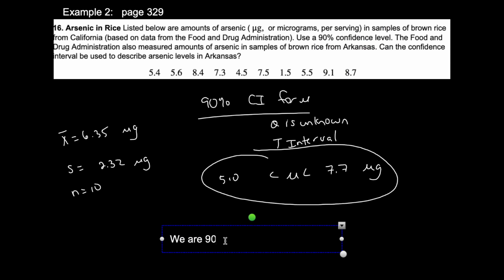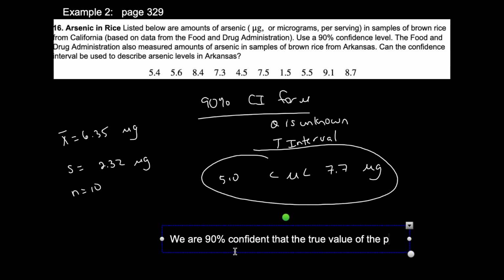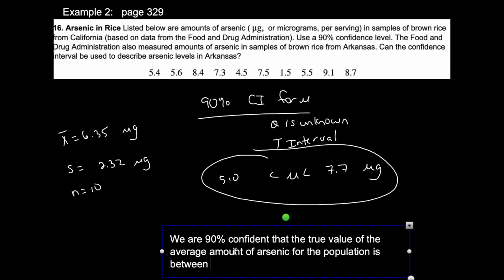We are 90% confident that the true value of the population mean, or the mean amount of arsenic, the true average amount of arsenic for the population, is between 5.0 and 7.7 micrograms.